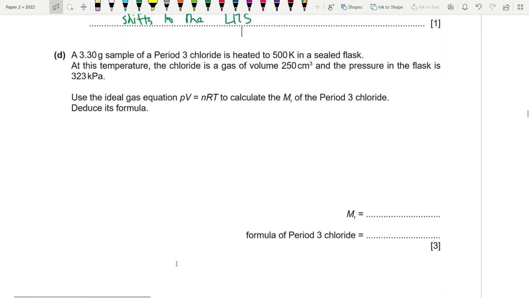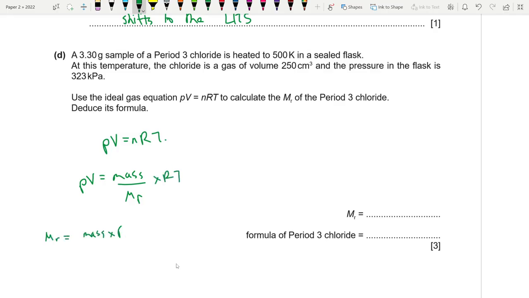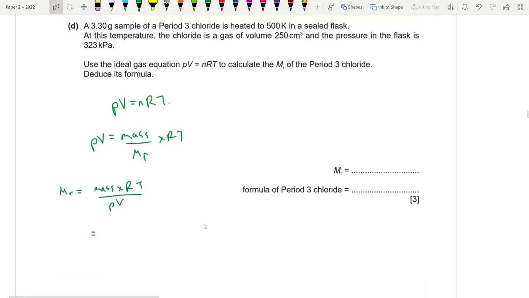A 3.30 gram sample of a period 3 chloride is heated to 500 Kelvin in a sealed flask. At this temperature, the chloride is a gas of volume 250 cm3 and pressure is 323 kilopascal. So let's use PV = nRT to calculate the Mr. Deduce its formula. Fine. So we know that n can be written as mass by Mr, times RT. So Mr is mass times RT divided by PV, right? The mass is 3.30 grams. R is 8.31. Temperature is 500 Kelvin.